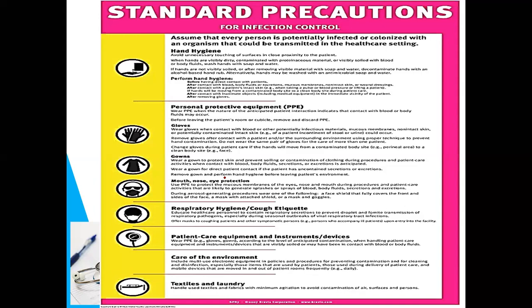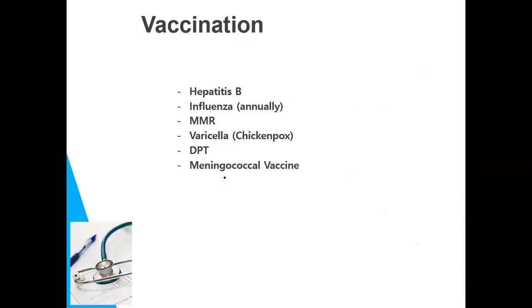Okay, textiles and laundry. Handle textiles, fabrics, and other laundry with minimum agitation to avoid contamination of air, surfaces, and persons. One of the common mistakes among caregivers or nurses is shaking linens, which helps the distribution of different infectious agents.